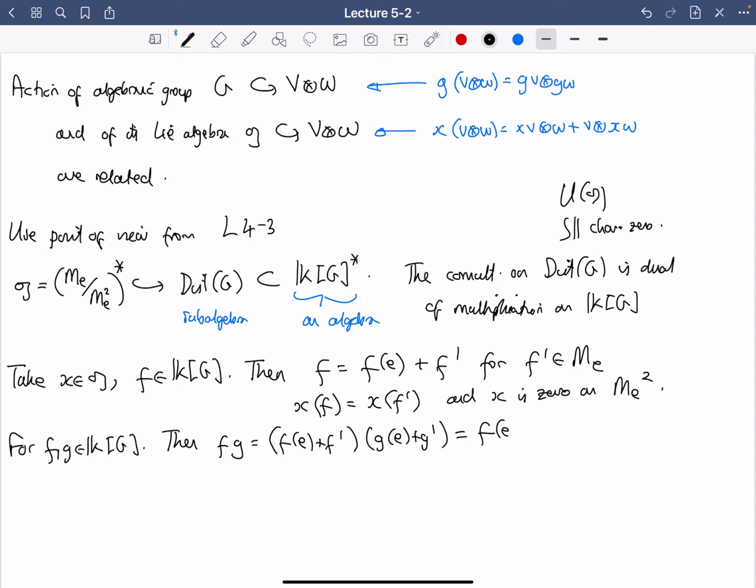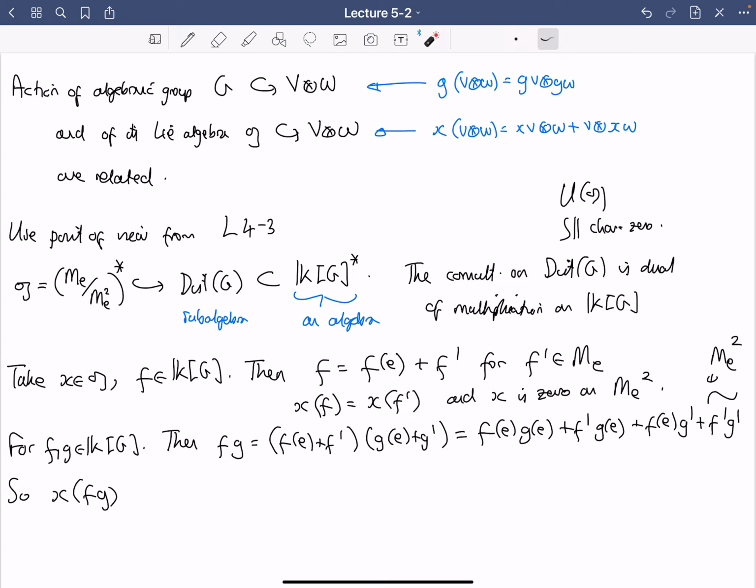So that's f of e, g of e, plus f prime g of e, plus f of e g prime, plus f prime g prime. And this last term is in that maximal ideal squared. So we deduce that x on fg: well, the first term is just a multiple of the identity element in the coordinate algebra, and x is 0 on that, and the last is in the maximal ideal squared, so x is 0 on that. So it's just the same as x on the remaining pieces, but x on f prime is the same as x of f.